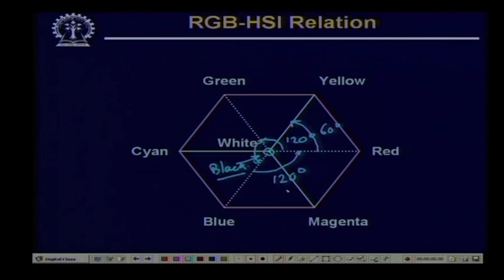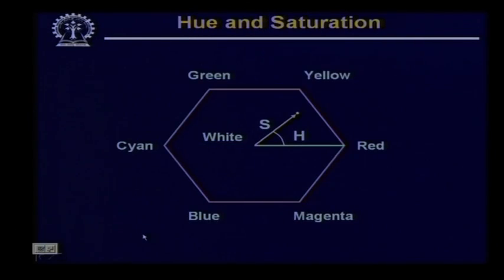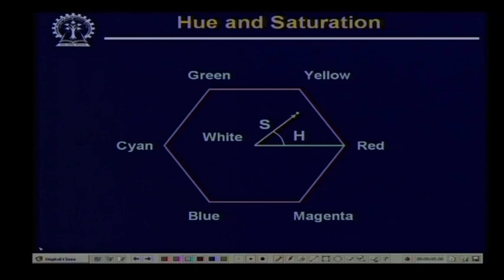Now, along with this, you will find that the projection of the shaded plane that we have seen in our previous slide will be a straight line like this. So, for any point specified in the RGB color space, there will be a corresponding point in our projected plane.